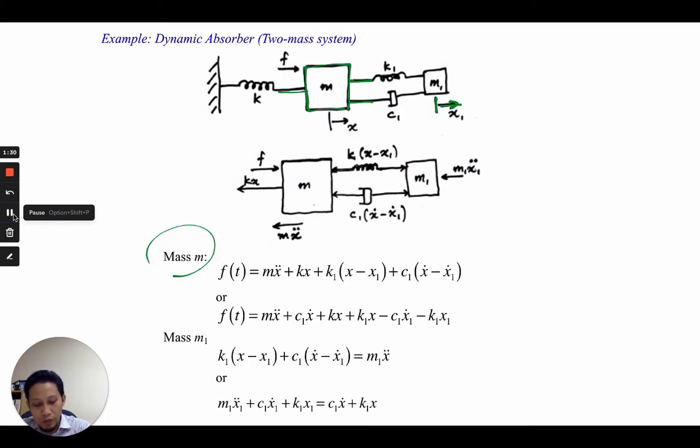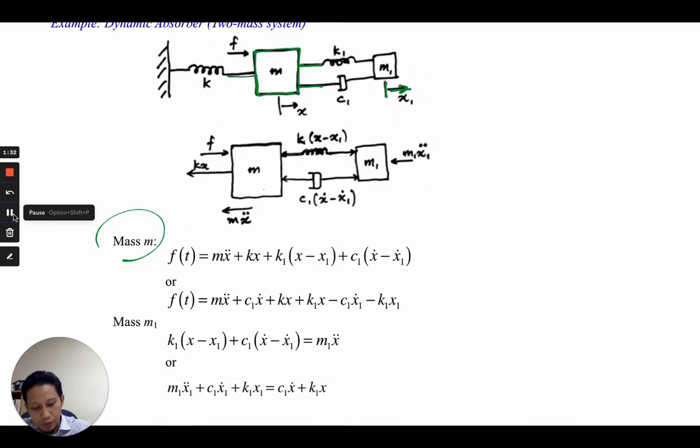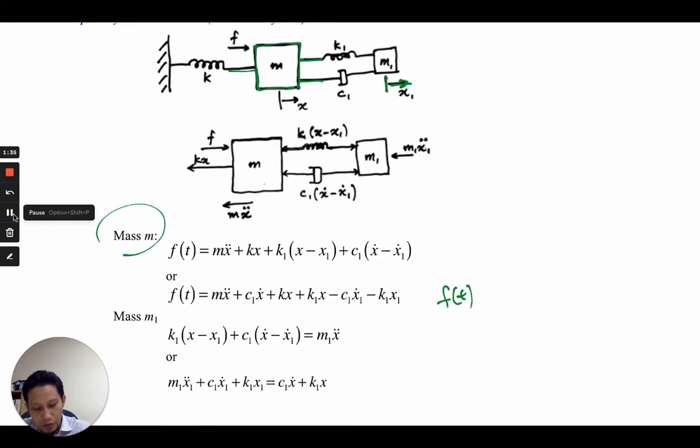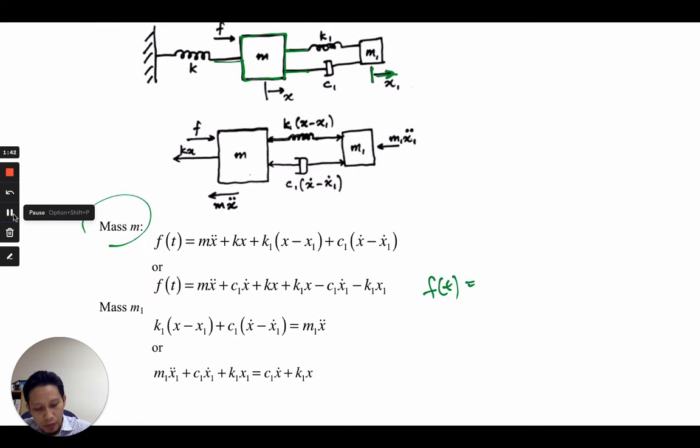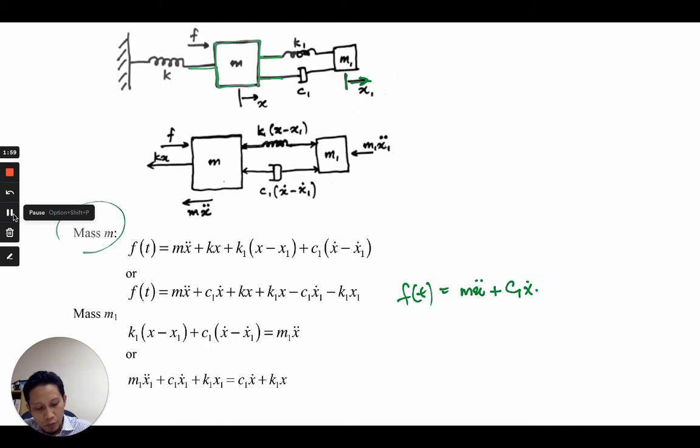So we write the equation where Ft is applied on the mass M, and then we have the motion due to M, so we have M x double dot, plus C1 x dot, and then we have the spring, plus K plus K1 x.